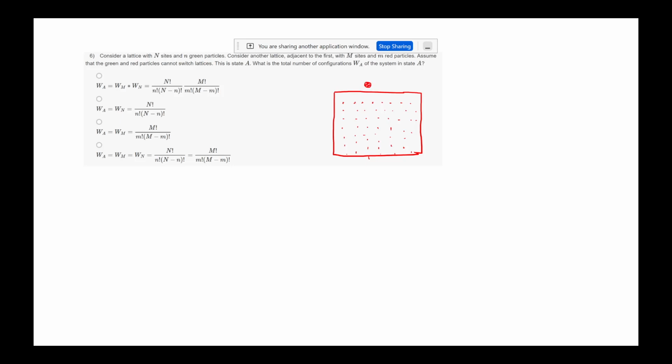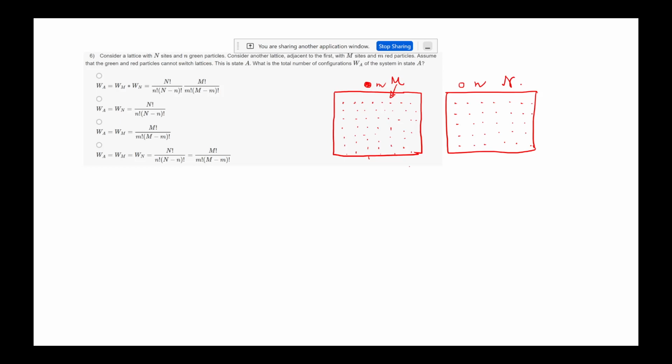Let's say this is M and M sites, and the same here, this is N and N. Now this is quite easy, right?